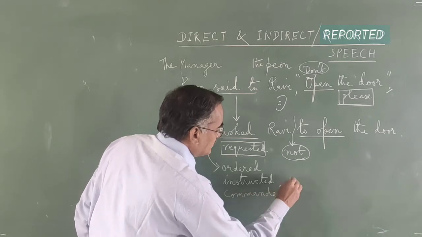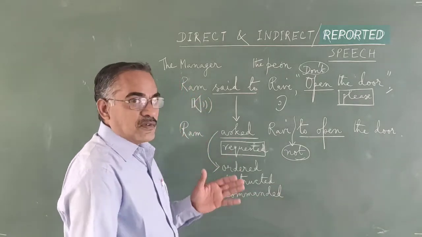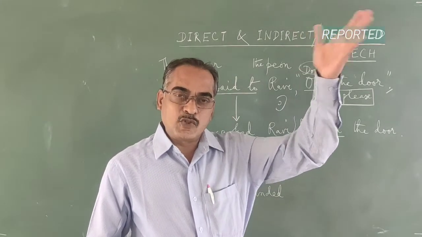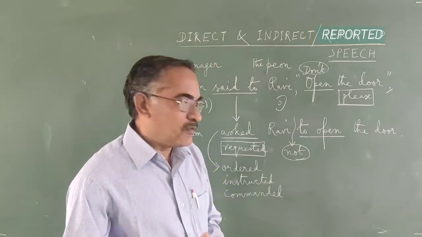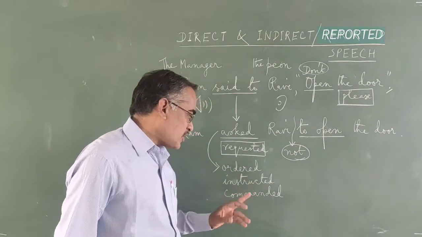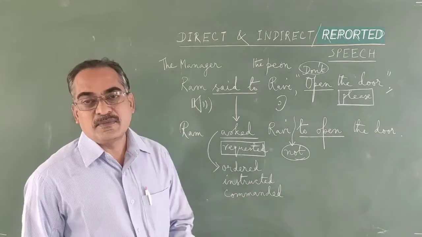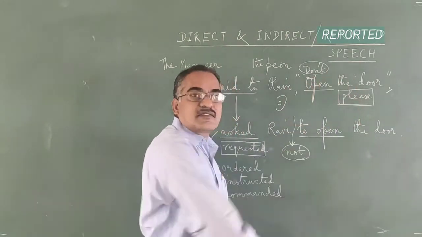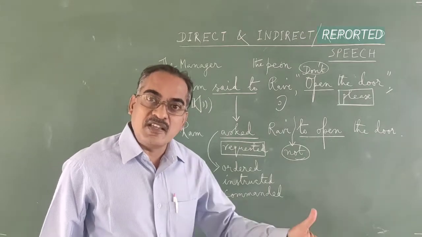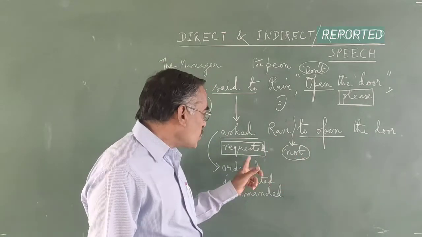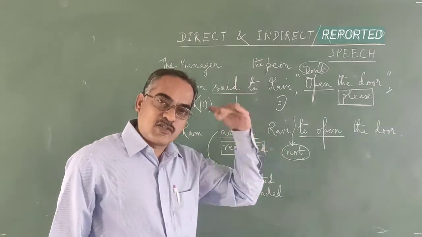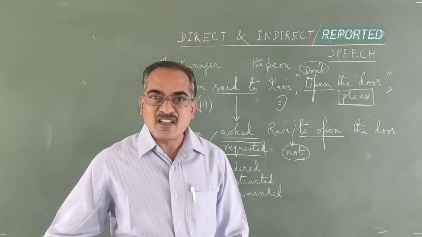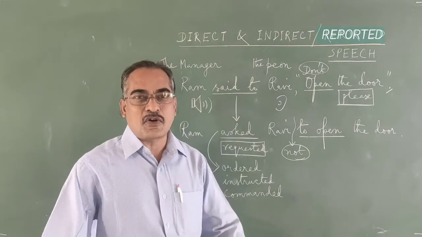All mean the same. So, when the instruction is between a superior authority and a subordinate, we can go for ordered, instructed or commanded. Fine. Even in this case, if you find the word please, you have to go for requested. Even a superior authority can request his subordinate, ask him to do something very politely. It is not wrong.